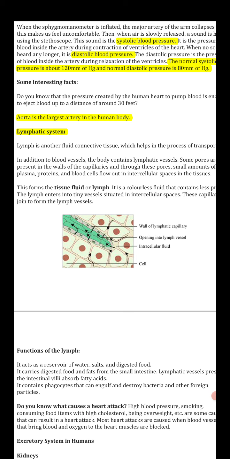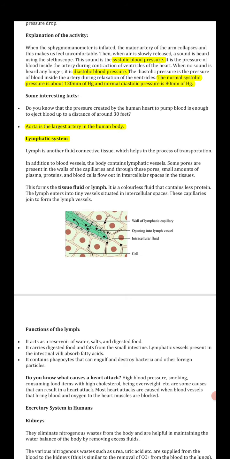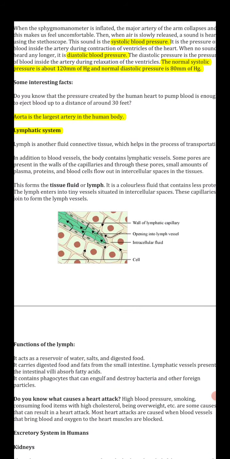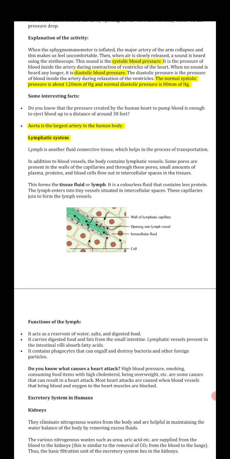Lymph is another fluid connective tissue which helps in the process of transportation. In addition to the blood vessels, the body contains the lymphatic vessels. Some pores are present in the walls of the capillaries, through which the circulation process takes place in our body. This forms the tissue fluid or the lymph.